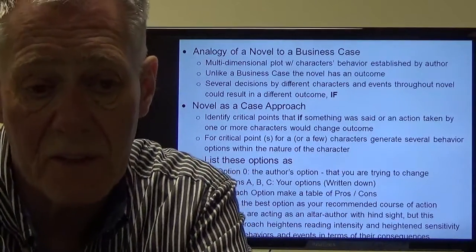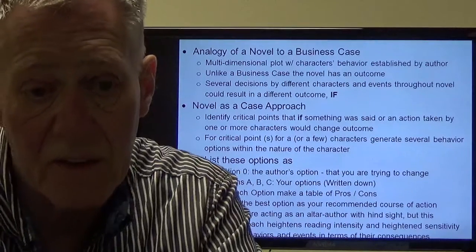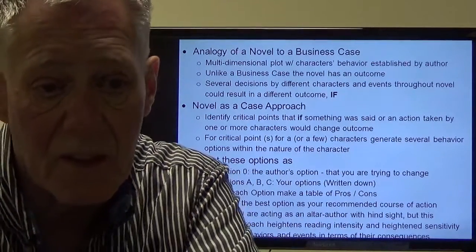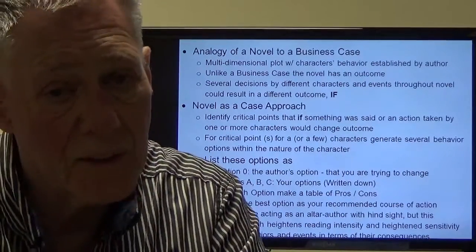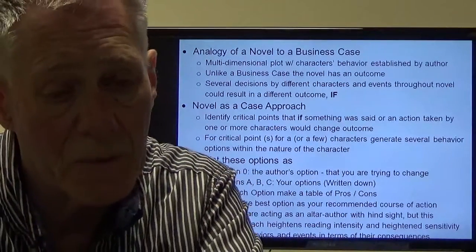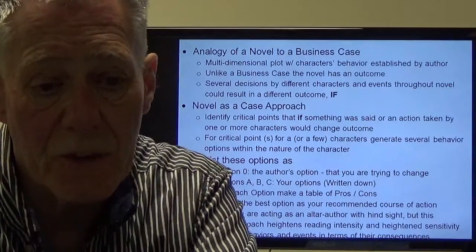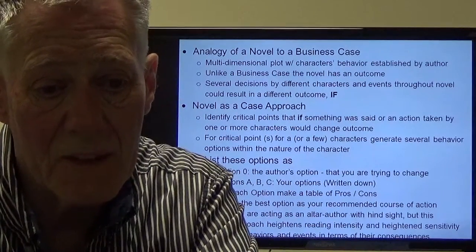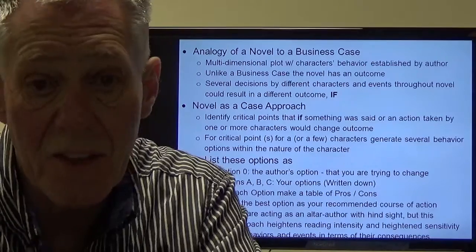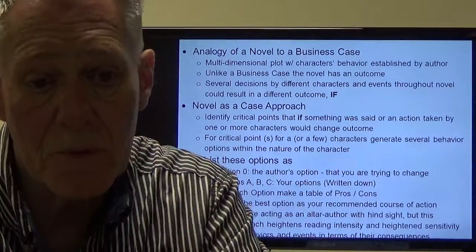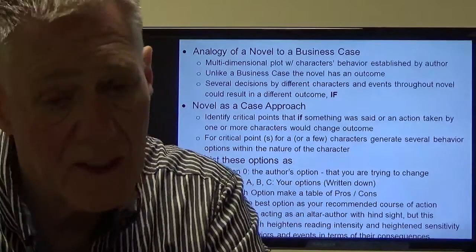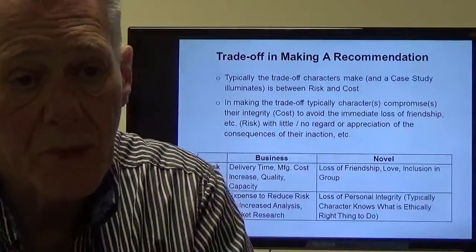In a sense, you're acting as another author with hindsight. If you knew about this before you started reading the text, you would certainly heighten your reading intensity and sensitivity to the various behaviors and events, and to what the consequences are from them.